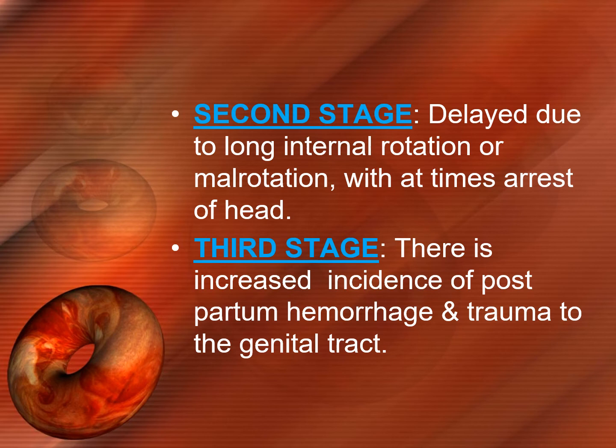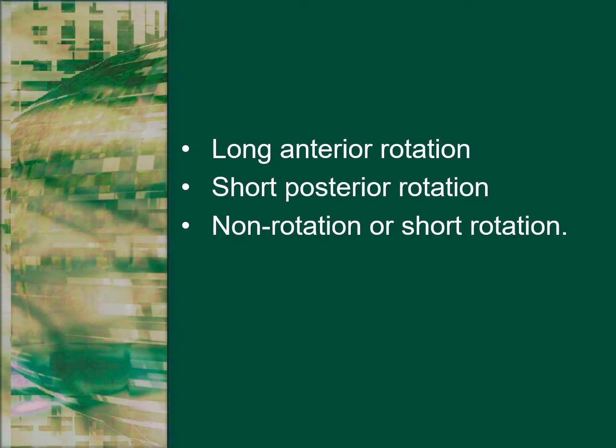So if the uterus is not getting contracted properly in the postnatal period, there is a chance for postpartum hemorrhage, and due to the operative interferences, there is a chance for injury to the genital tract. And another outcome: there is a chance for long anterior rotation, there is a chance for short posterior rotation, there is a chance for non-rotation or short rotation.